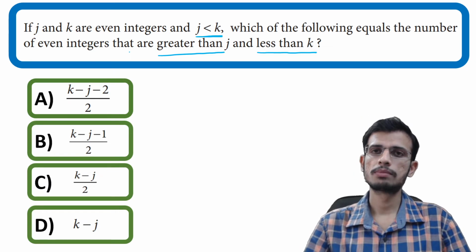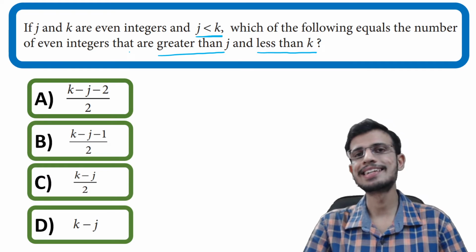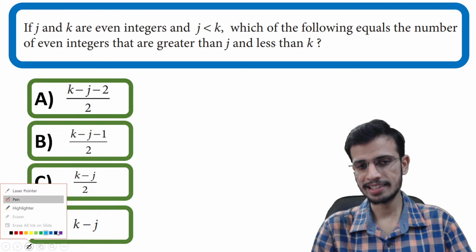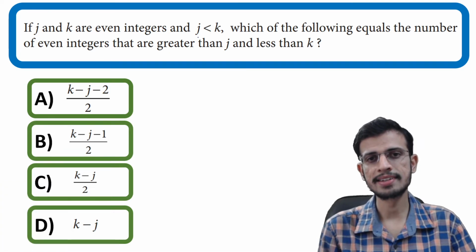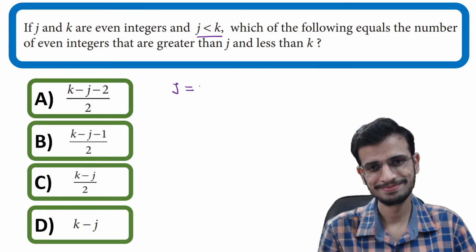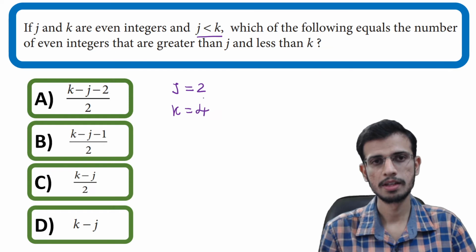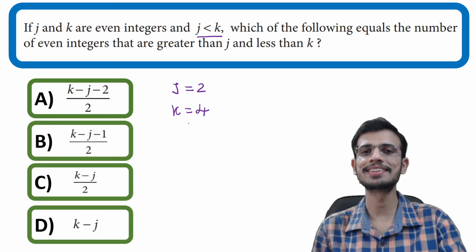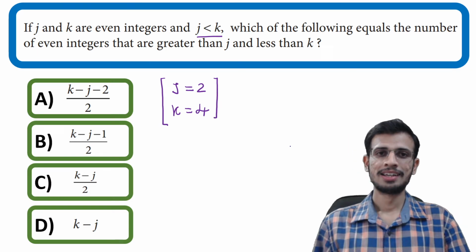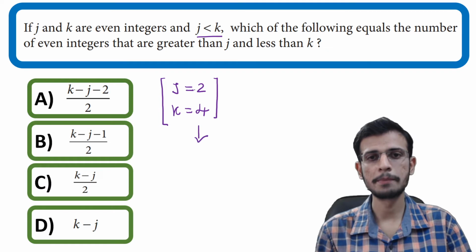So we can assume values of j and k which satisfy the given conditions. j and k should be even integers and k is greater than j. So can I take j equal to 2 and k equal to 4? Right? Both are even integers and k is greater than j. So how many even integers are there between 2 and 4?